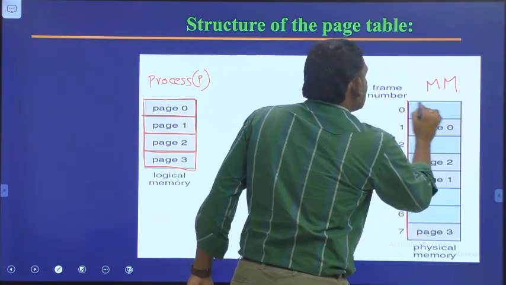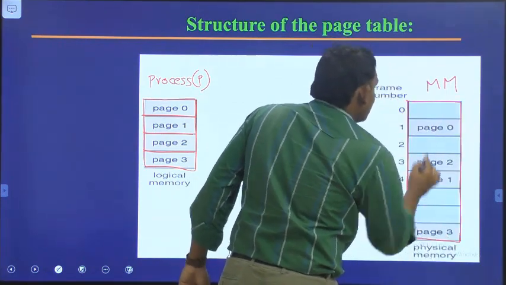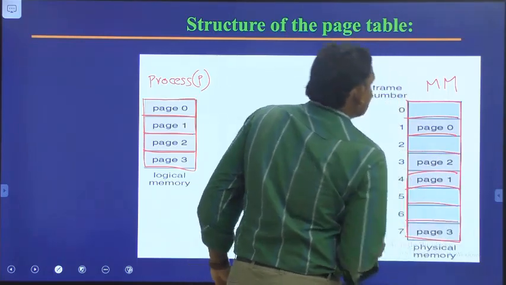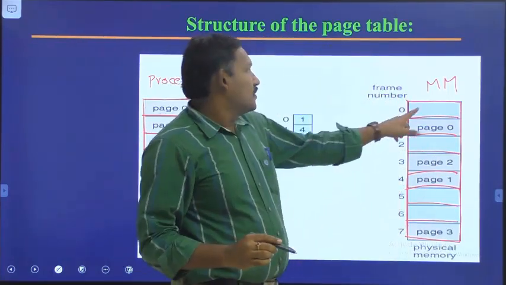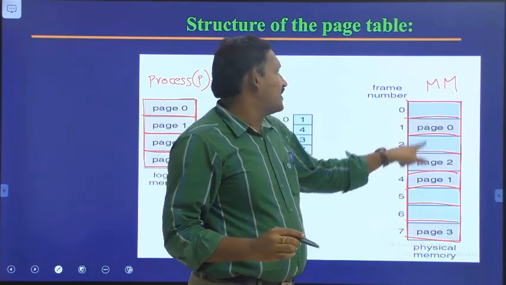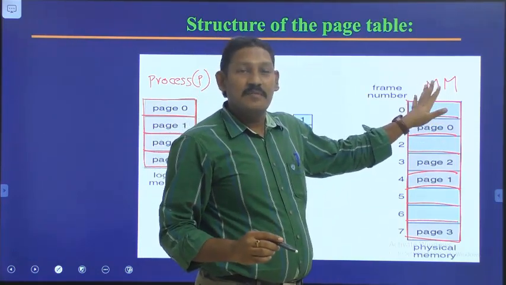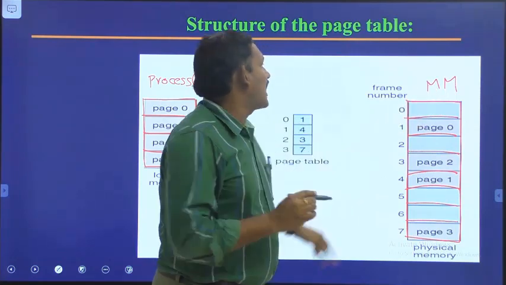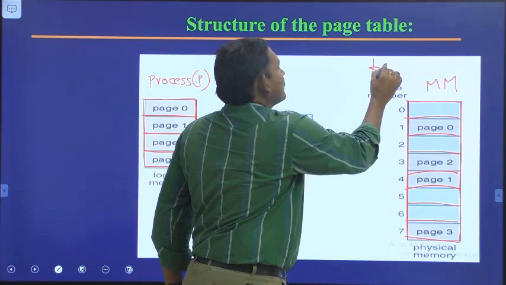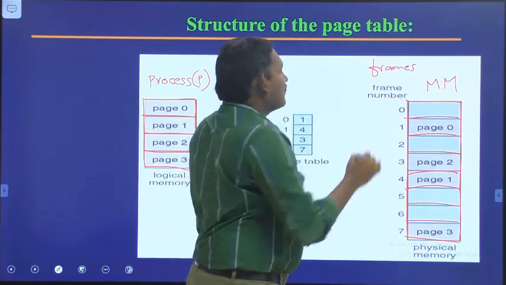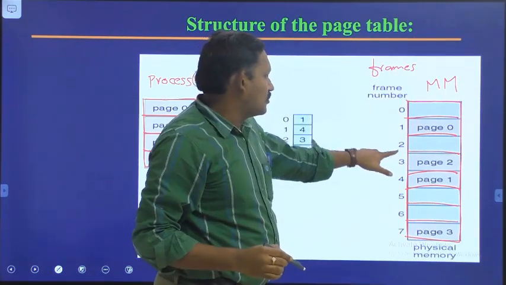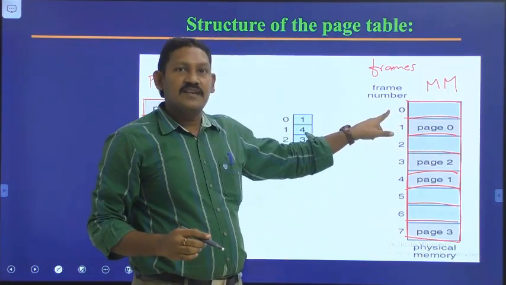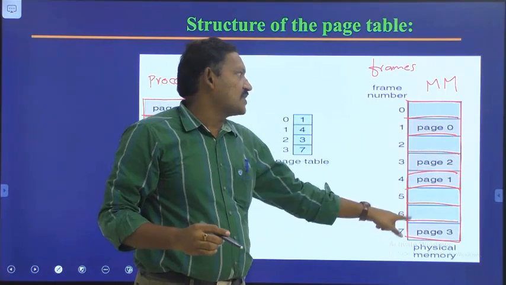The main memory is, let us suppose, split into 8 equal parts, and those we simply name as frames. These are the frame numbers, 0, 1, 2, 3, 4, 5, 6, 7. We have started the indexing with 0. 0 to 7 means 8 equal parts we have.